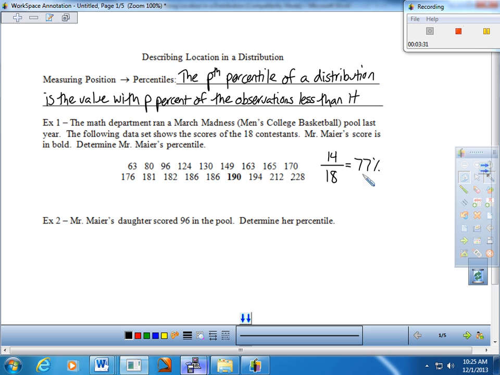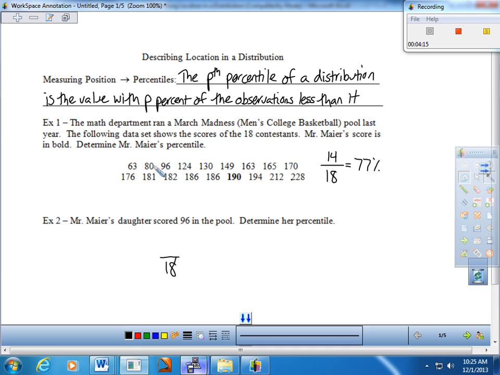It just so happened my daughter entered this pool as well, and she doesn't know anything about college basketball. She just picked teams, and she was the one that got 96. At least she didn't come in last place. Good for her. Well, what would be her percentile? In this case, again, 18 total. What we're looking for is the number of observations less than hers.